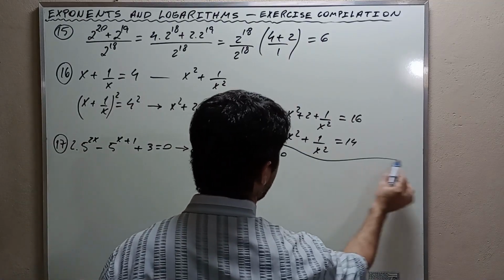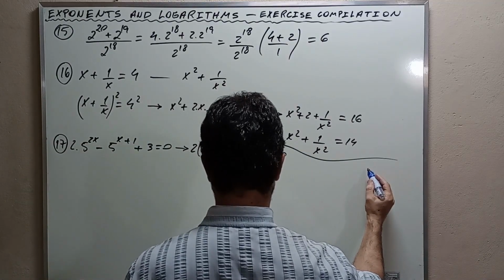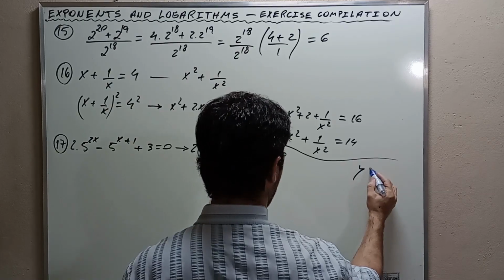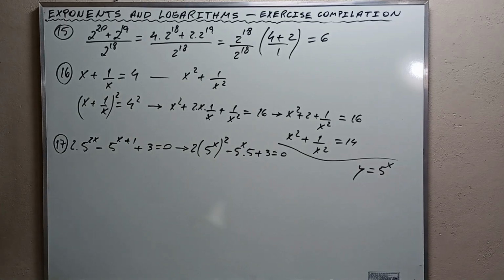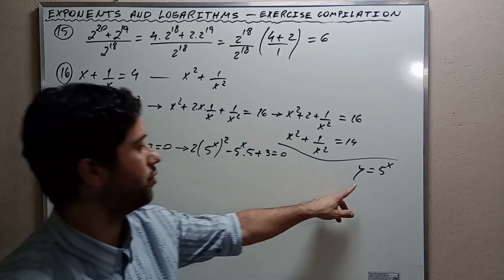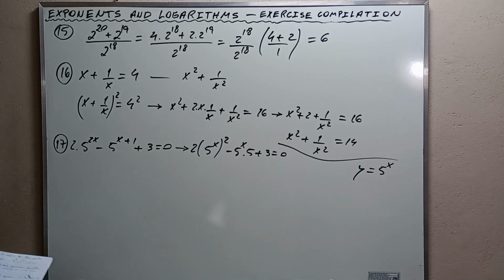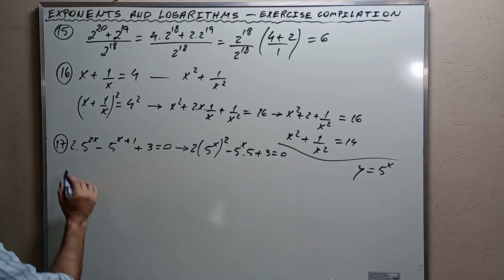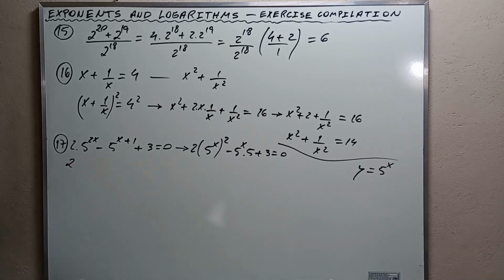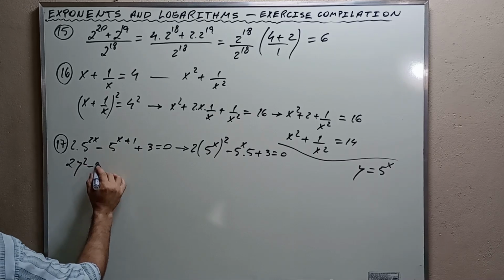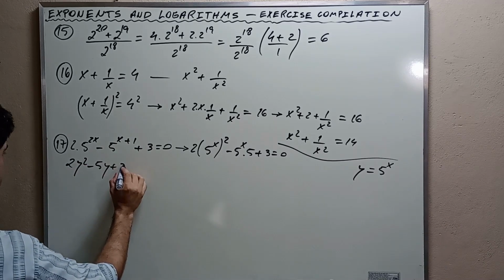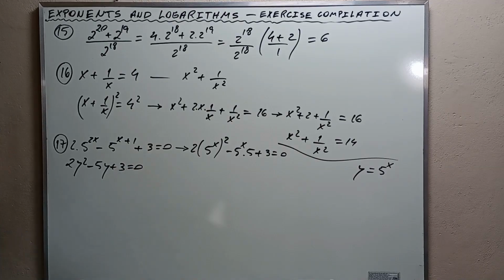We're going to use that y is equal to 5 to the x. And we're going to substitute this here, and we find that the expression is therefore converted to 2 times y squared minus 5y plus 3 equal to 0.